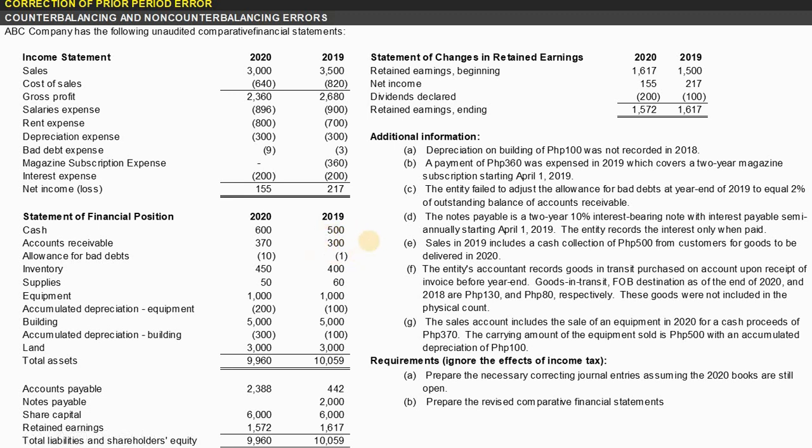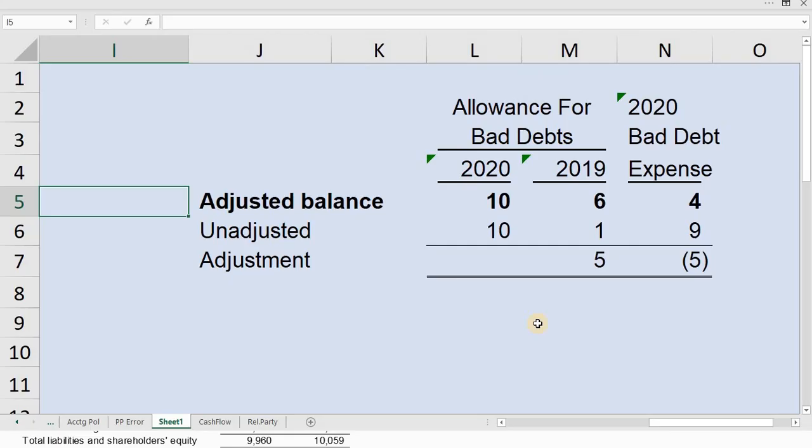And the 2% of the accounts receivable of 300 pesos is 6 pesos. It means that the allowance for bad debts at the end of 2019 should be 6 pesos. However, the allowance presented is only 1 peso, which means the net realizable value of the accounts receivable is overstated.